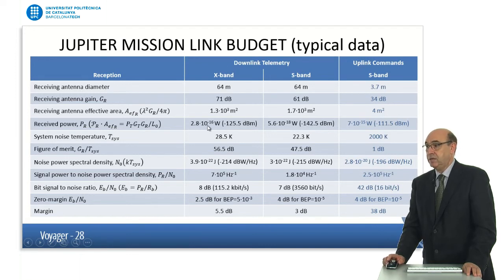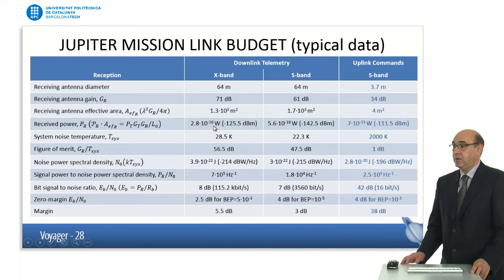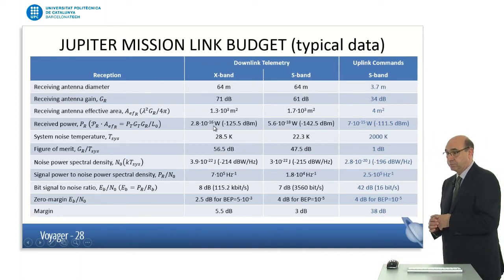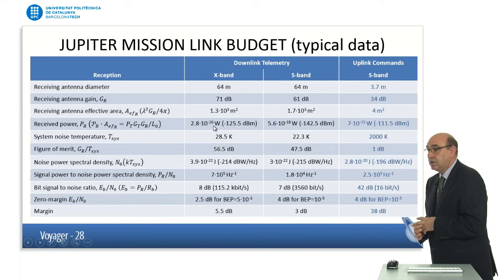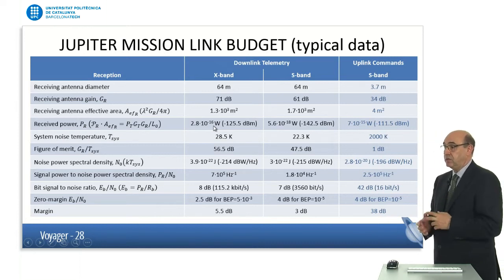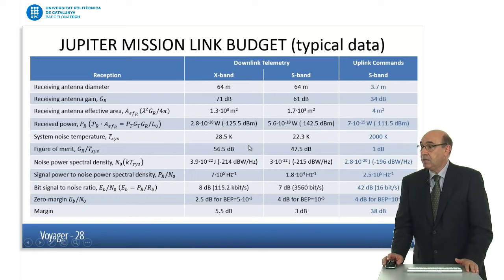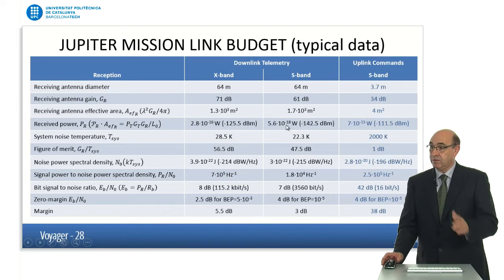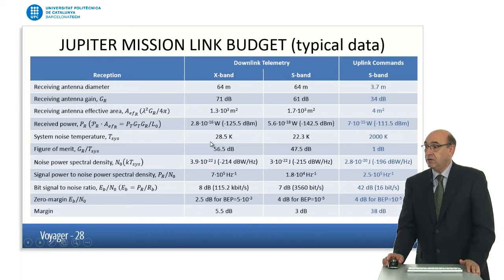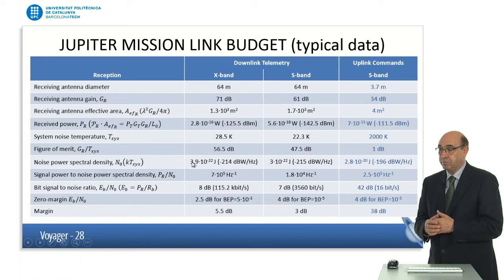And this number at X band is about 0.3 femtowatts, which is a small number too. Here we are at the level of the attowatts, and now the system noise temperature will let us, with the figure of merit of the system, find the signal to noise ratio.